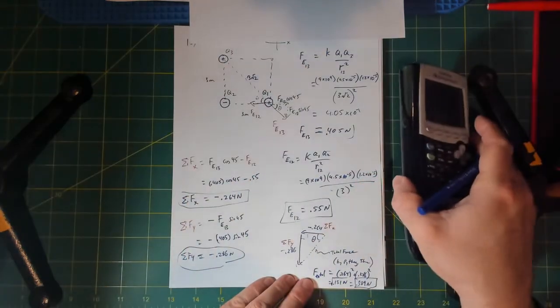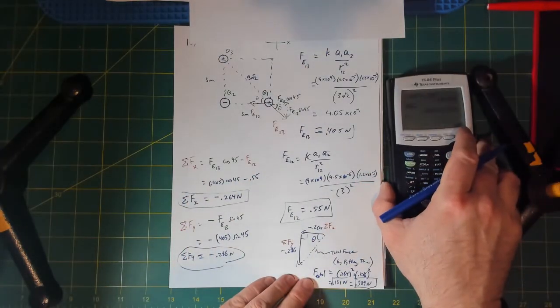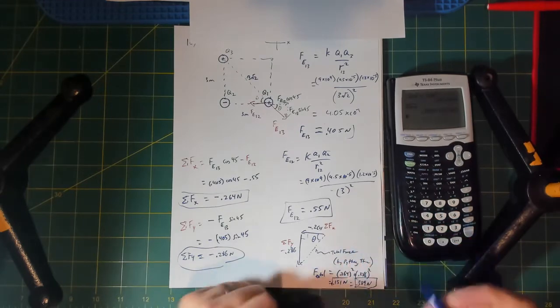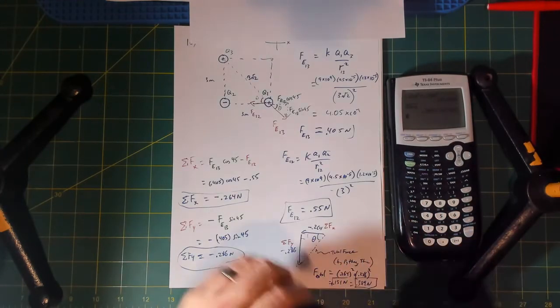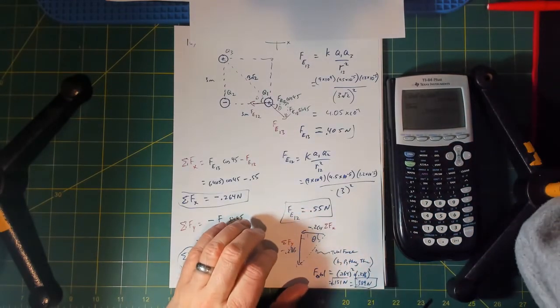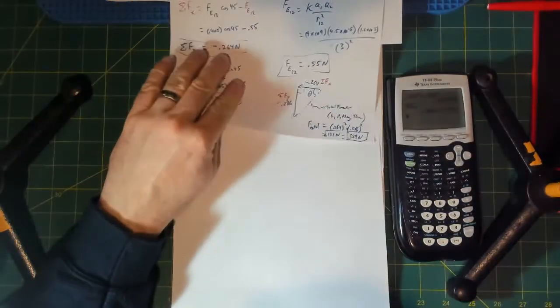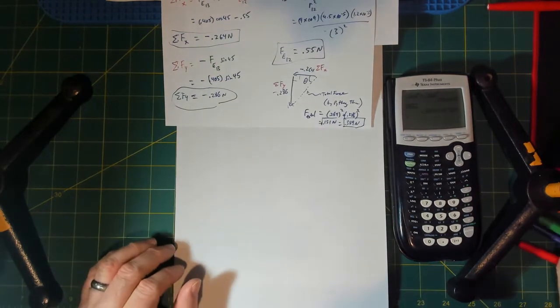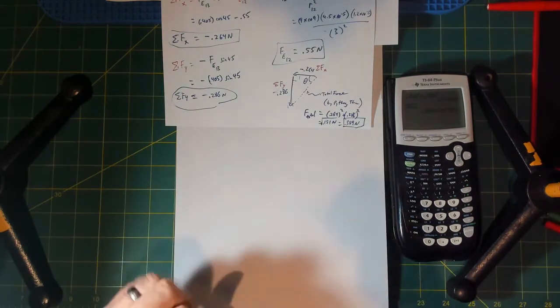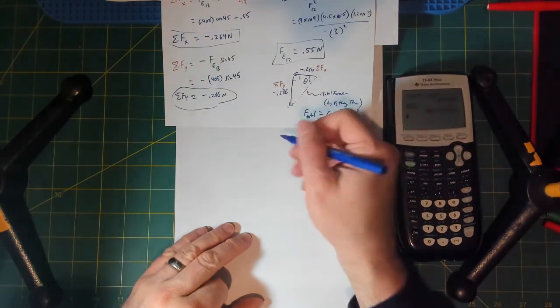Where is the room on my page? I really ought to go to another piece of paper, but I'm going to squeeze it in here. That's really poor form, Dave. Let's use another piece of paper to finish this up. So now I want to know the angle.